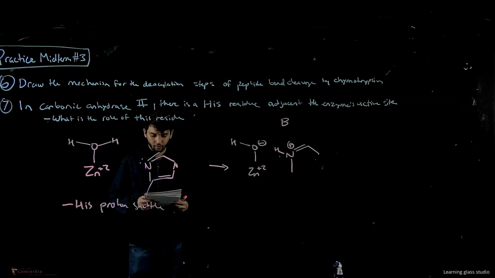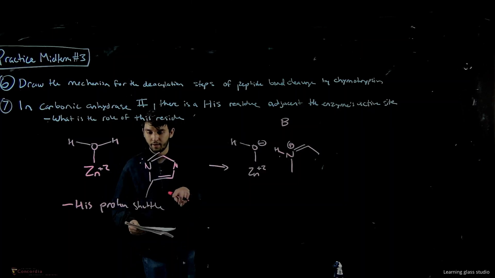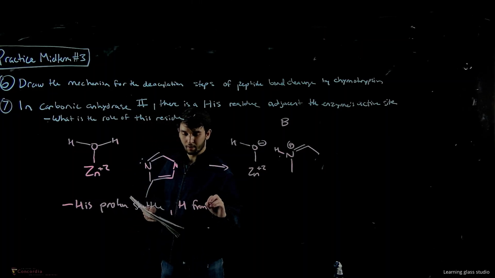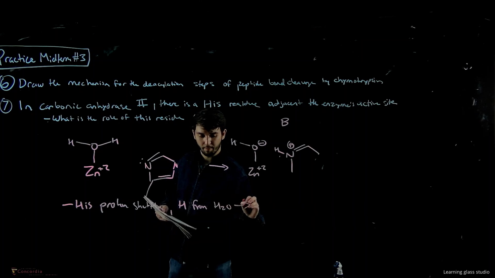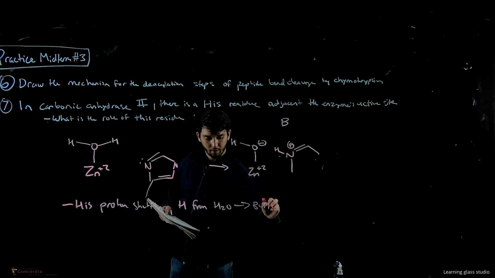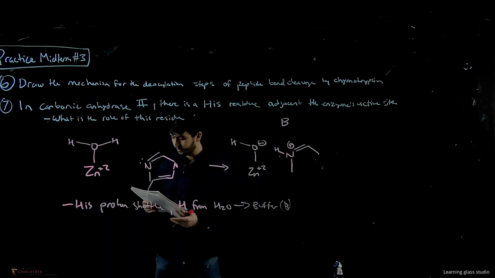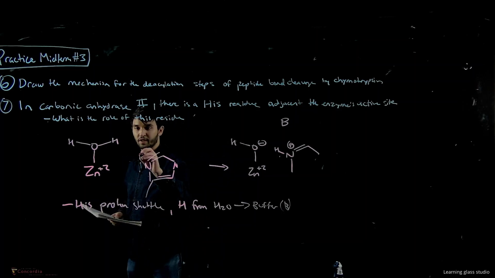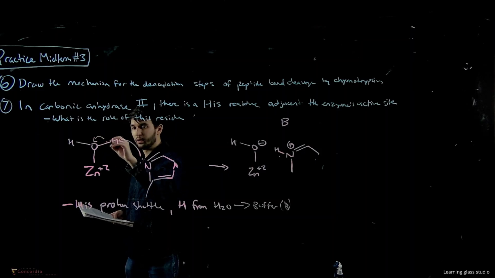Okay? So in this case, the histidine is going to be transferring the H from H2O to a buffer, which we can just call B. So the first thing it's going to do is deprotonate the water.